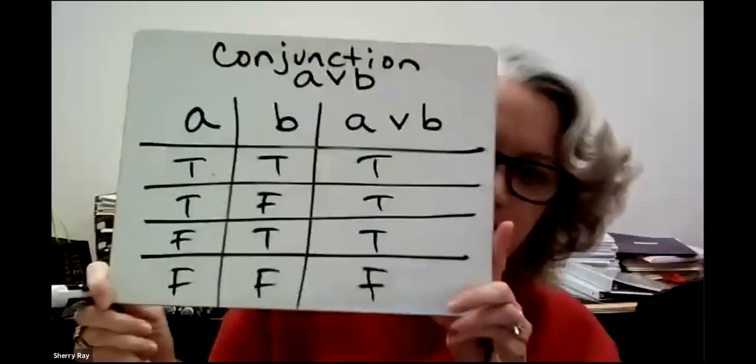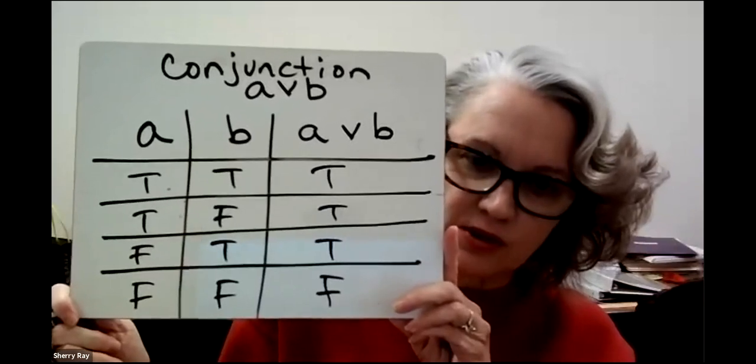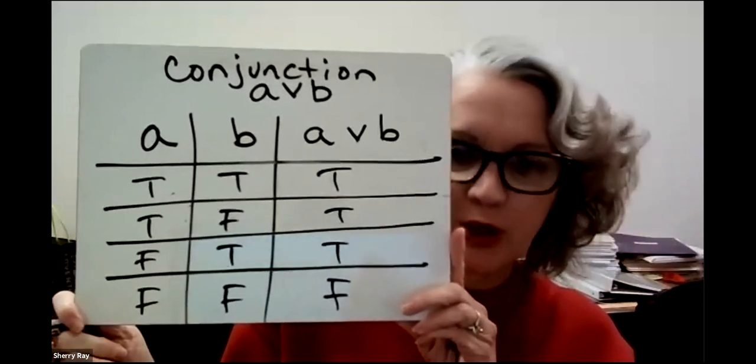So a conjunction is only false if you have two false statements. Otherwise, it's true. It's an or statement. I like to call it more of an and/or statement. This or that or both.